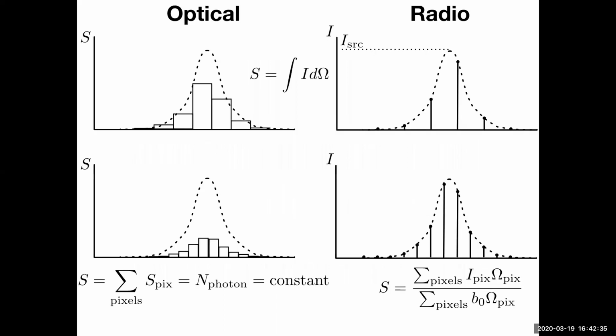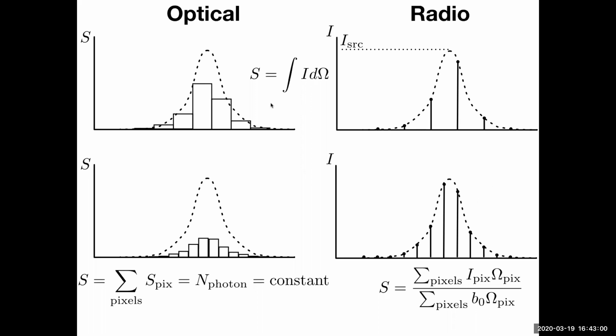On this diagram, this is just a 1D case that extends generally to 2D. Starting on the left, let's think about an optical image from a CCD camera. The CCD has some grid of pixels. Light falls onto some pixel or another, gets added up. Every photon gets counted.